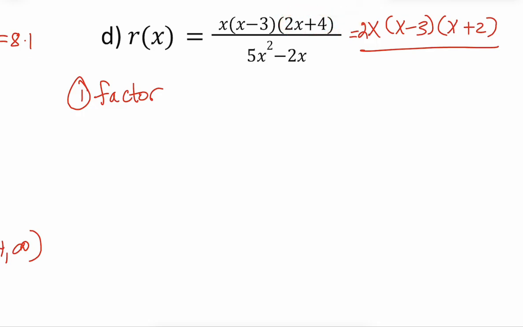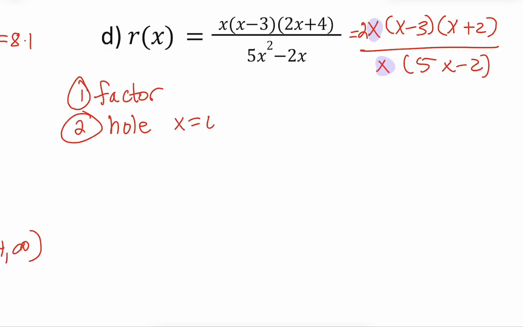On the bottom, there is an x I can take out. I can't take out anything else. This is the only time so far we've seen an actual hole. The hole occurs because there is an exact match of an x on top and an x on the bottom. So there's a hole at x equals 0.